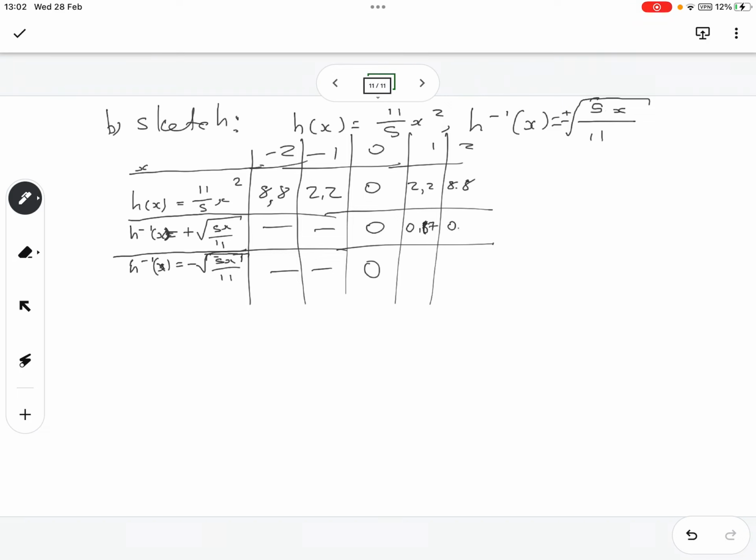And for 2, 0.95. That's for the positive one. And then for the negative one, 0 is 0. Then 1 is negative 0.67. So the other one would be negative 0.95.